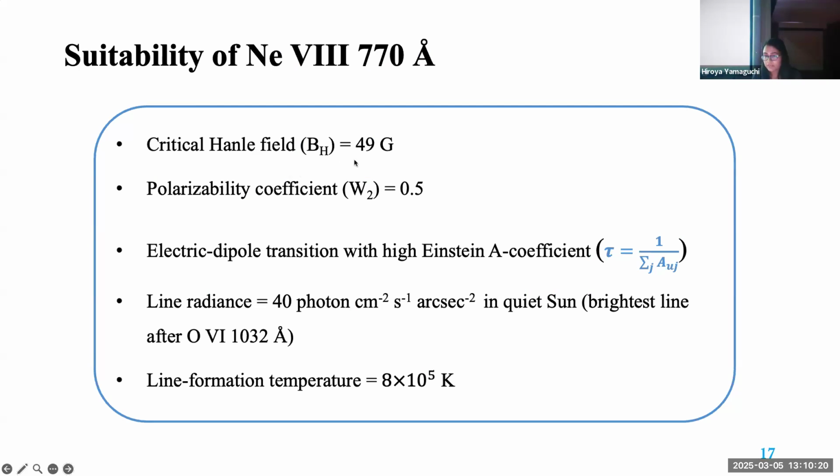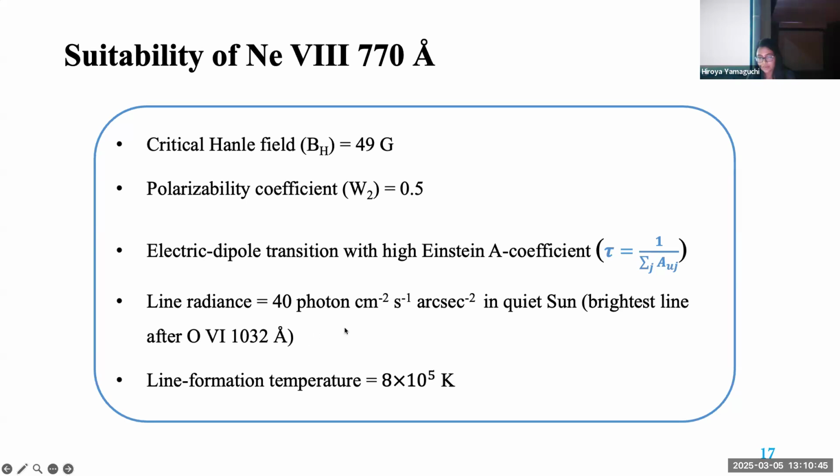It has a critical Hanle field of 49 Gauss. Polarizability coefficient is 0.5. It corresponds to an electric dipole transition with a very high Einstein A coefficient. That means the line transition happens very fast, before the collisions can actually destroy its atomic polarization. And then line radiance is about 40 units.